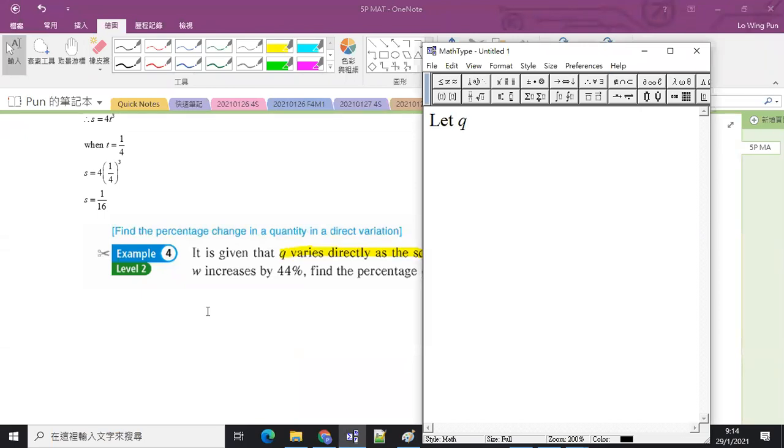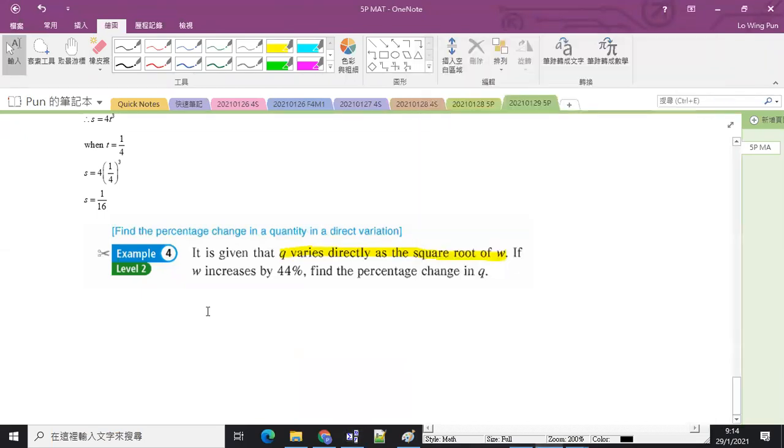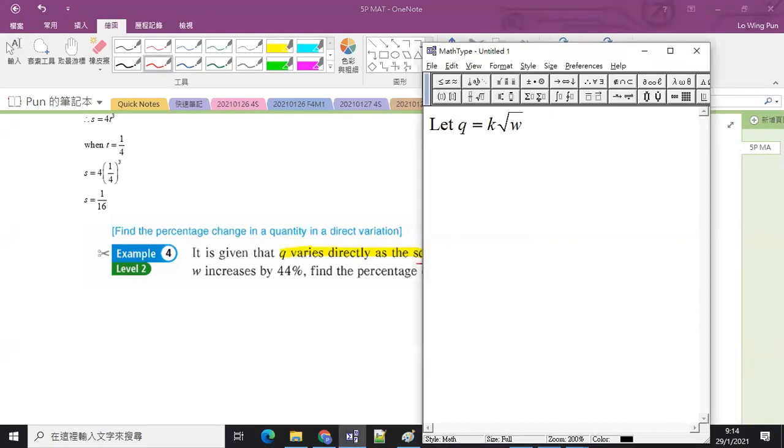Let Q equals K times the square root of W. Okay，即係開方 W. Can you get this?